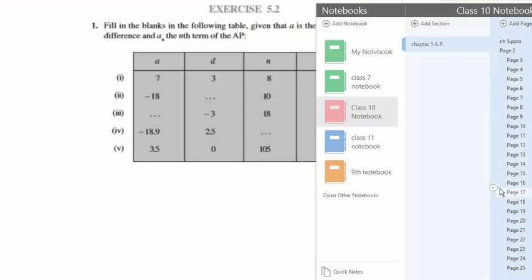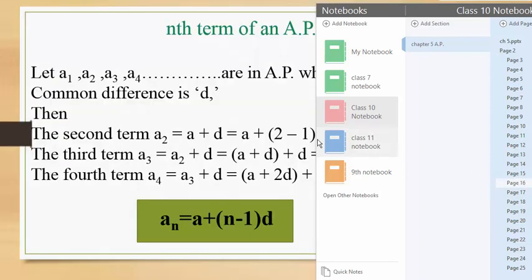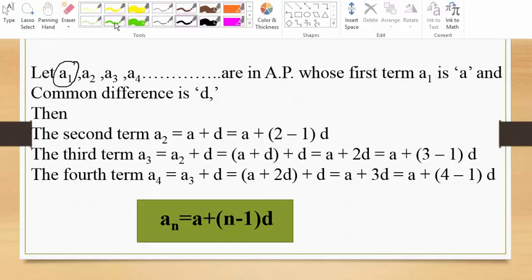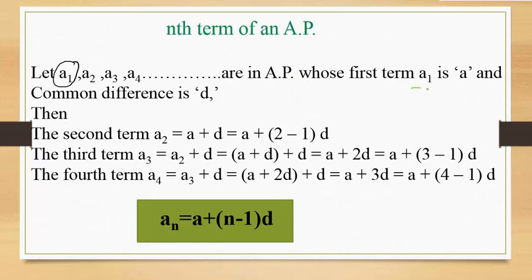What is the nth term? Now, if I have an AP, that is A1, A2, A3, A4 are in AP. Now this A1 is my first term, and A1 is also written as A, and the common difference is denoted by this small d.